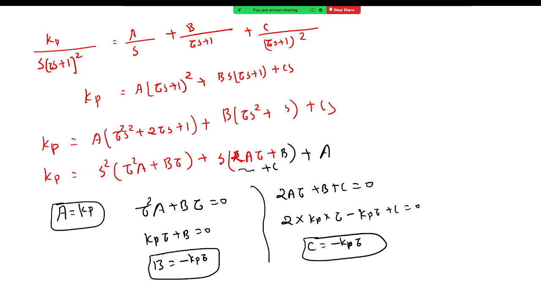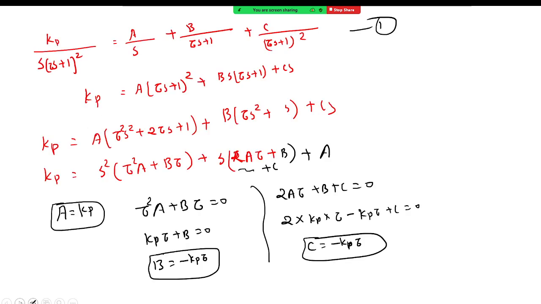Now I'll substitute the values of A, B, C over here. Let's say this one is equation first. So once you substitute the values of A, B, C over there, you will get y(t) equal to the Laplace inverse of A, so A is Kp upon s.